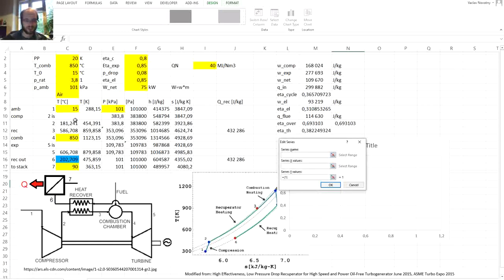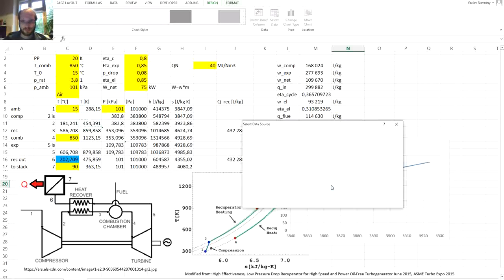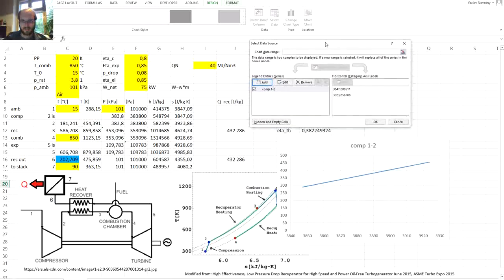First will be the compression 1 to 2, where on the x-axis we will have the entropy, so entropy at point 1 and entropy at point 2, and on the y-axis we will have the temperature. Let's use the kelvins, 1 and 2. Okay, so that's the compression.